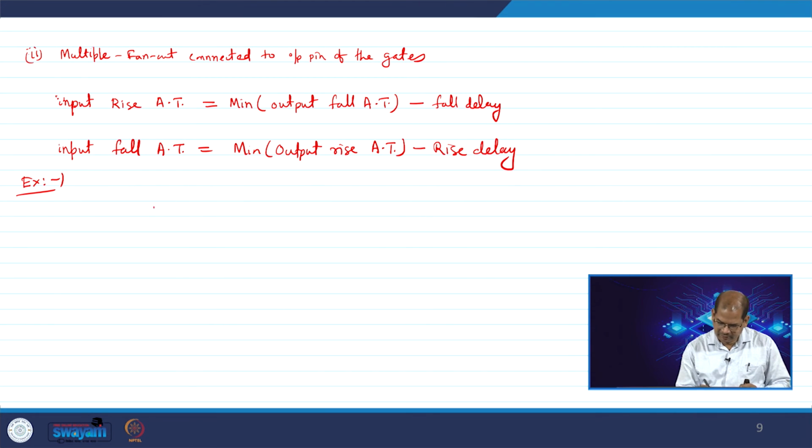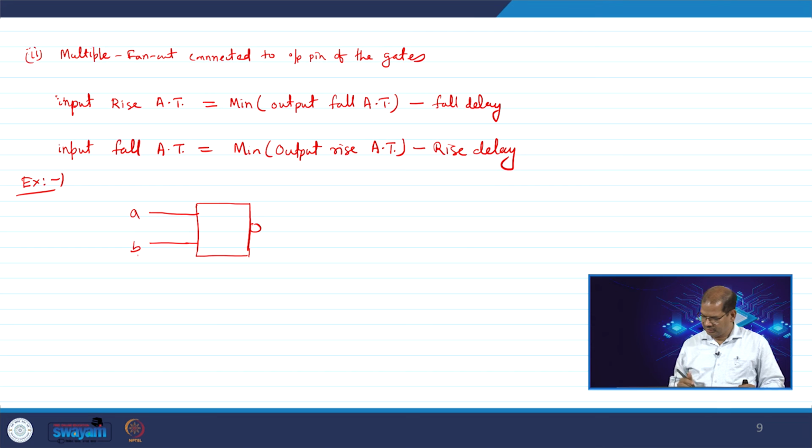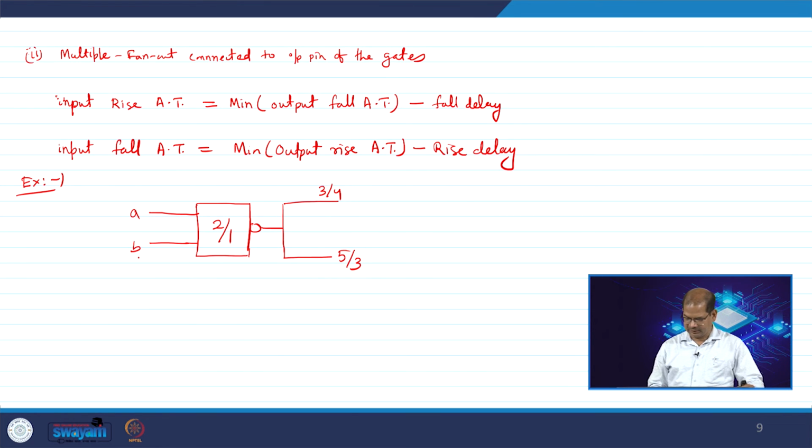So, let us say I have an inverting type of gate having two inputs A and B. I need to find the arrival time at the inputs A and B, and the rise and fall delay of the gate is given as 2 by 1. Then it is driven by two paths, actually 2 fan outs are there, this output is connected to 2 gates. The arrival time of this path is 3 by 4 and this path is 5 by 3. How can I find the input arrival time?